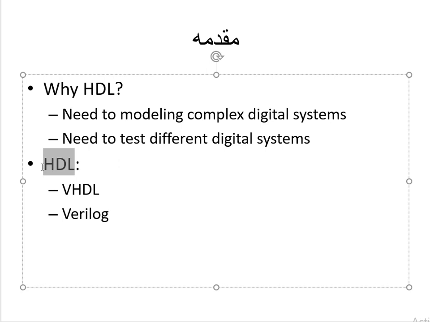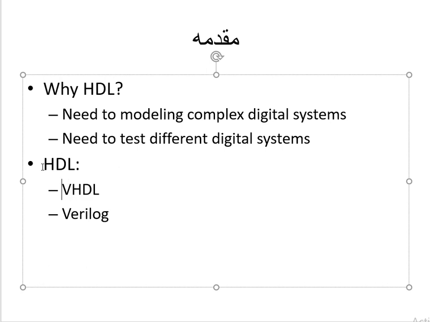We have two kinds of HDL. One of them is an academic language. We call it VHDL. VHDL is the abbreviation of Very High-Speed Integrated Circuits Hardware Description Language.